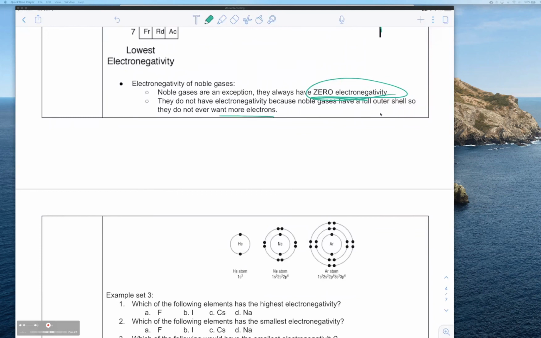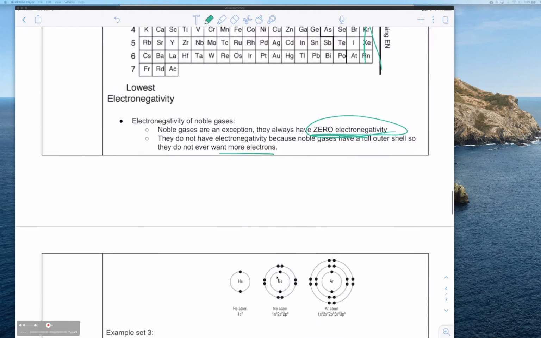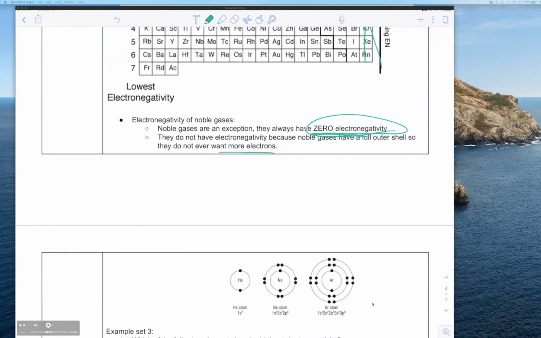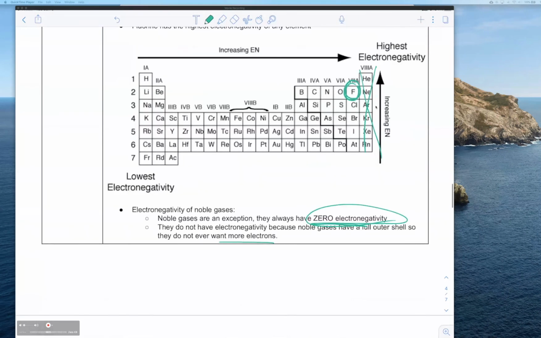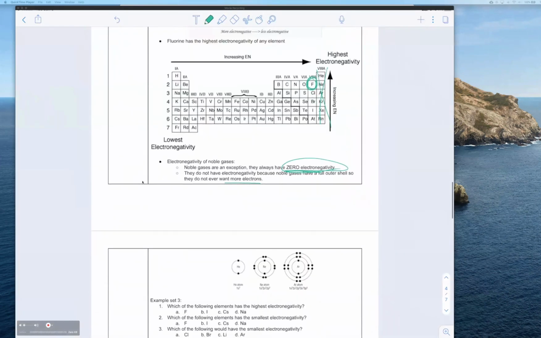So they're never going to participate in a bond and they'll never pull electrons in a bond because they're never going to form a bond anyways. They have a full outer shell, so they don't need more electrons. Okay, so noble gases are an exception to the rule. So the highest electronegative atom would be fluorine. The lowest would be francium.